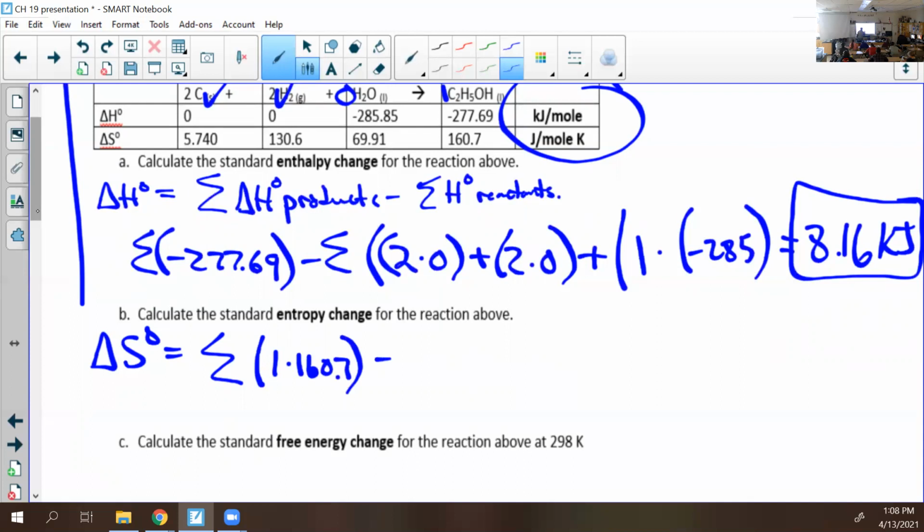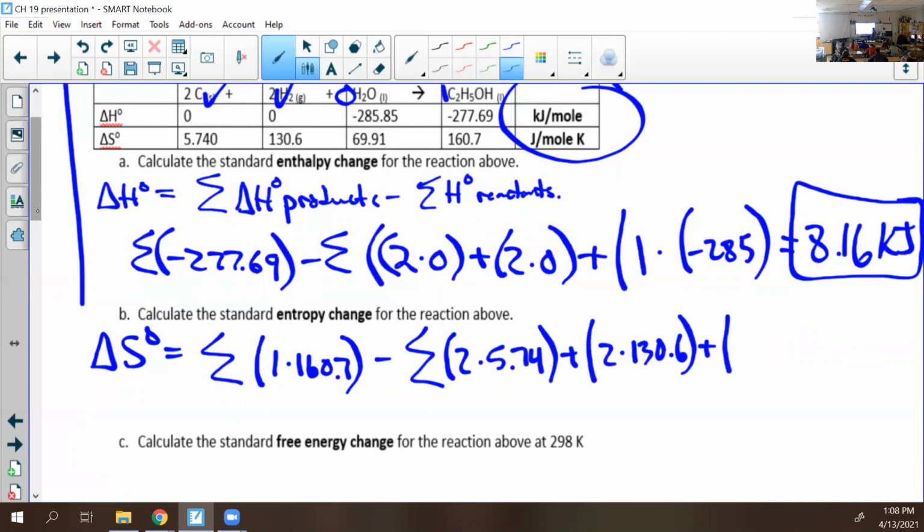And then it's minus the sum of 2 times 5.74 plus the sum of 2 times 130.6 plus 1 times 69.91. And I think that's everything. Did I do something wrong? Okay.